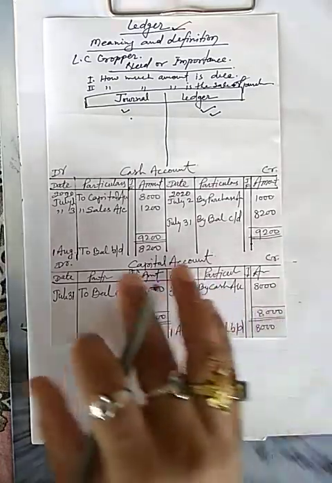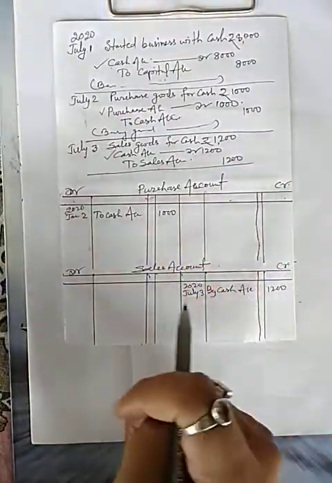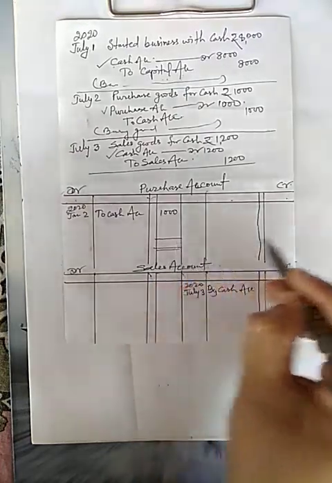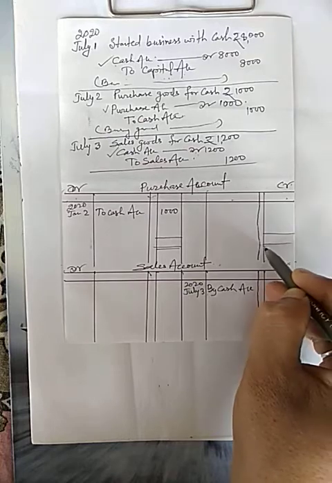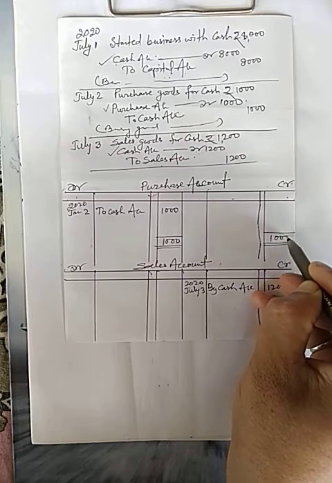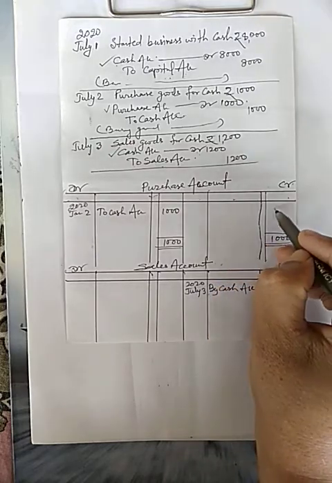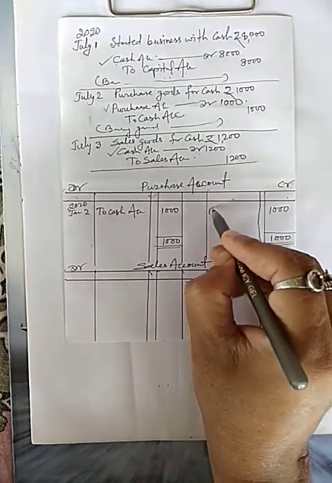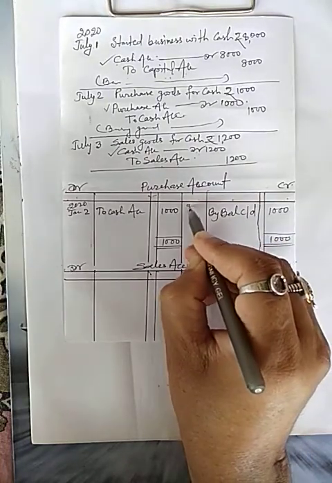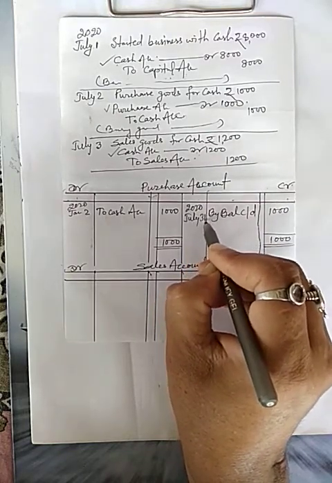You can see one more, both the accounts, purchase account and sales account. In debit side 1,000 is given, so I will write 1,000 on both sides, but here we have to put 1,000 by balance c/d on 2020 July 31st.